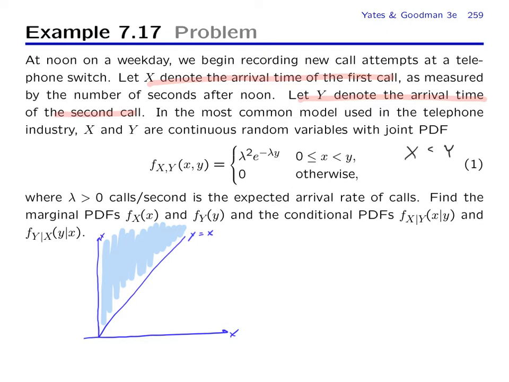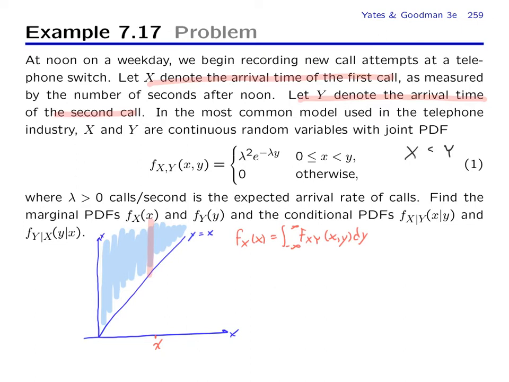There's no upper bound. Let's start by finding the marginal PDF of x, which we obtain by integrating the joint PDF over all possible values of y. When we fix a value of x here, then this integral is along this red shaded region, which starts at y equals x.